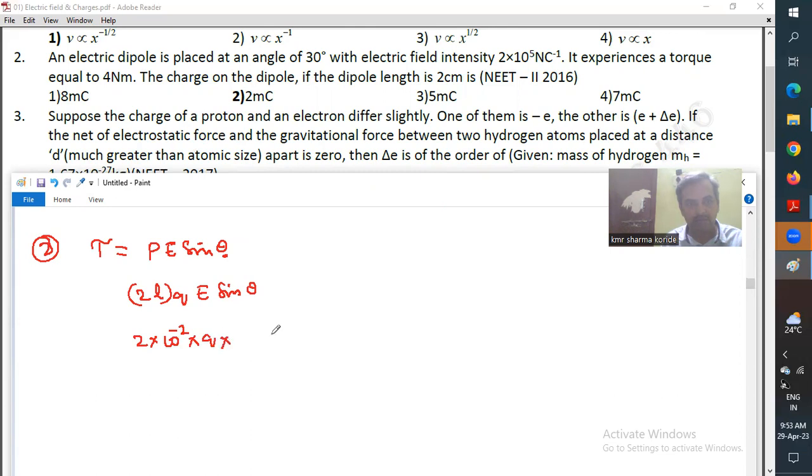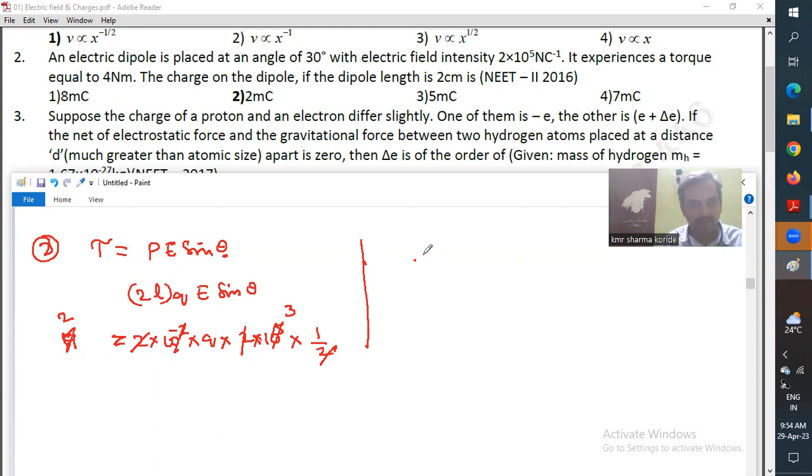Charge is what we are looking for. Intensity of electric field is given as 2 into 10 to the power of 5. Sin 30 is 1 by 2. On the other side you have the torque value, that is 4. Therefore, this 2 and 2 get cancelled. Then there is one more cancellation, this is also 2 twos are 4. Finally, the powers are plus 5 and minus 2, so there will be 3.